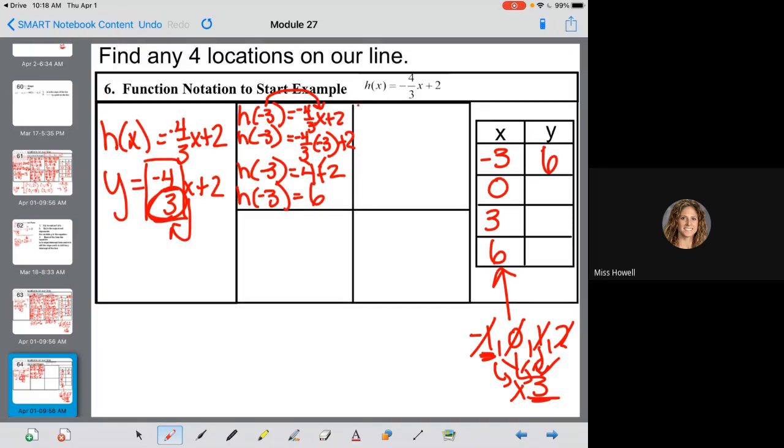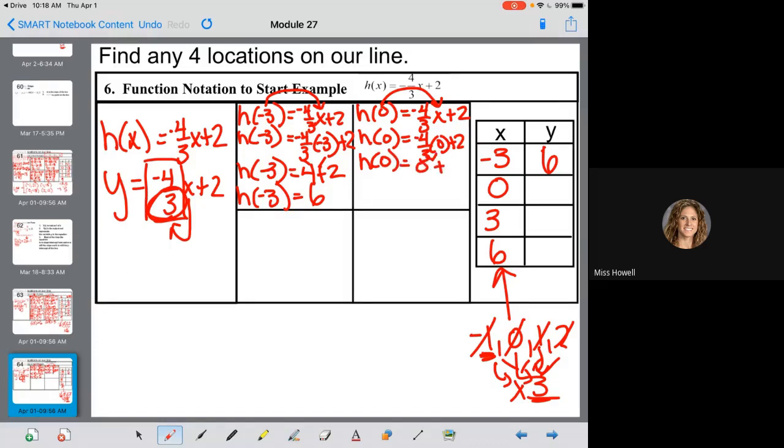All right, what's the value of our function for h of 0? When our line can be described as -4/3 x plus 2. All right, we're taking this 0, substitute it in. H of 0 equals -4/3 times 0 plus 2. No math to do over here. It's just what's our function when x is 0. Over here, multiply first.